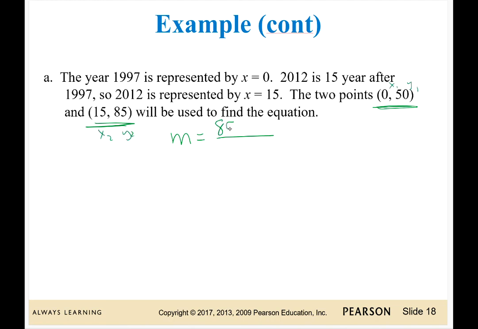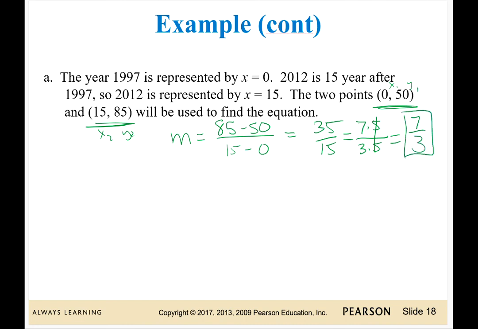So y2 minus y1 over x2 minus x1. So this is when I always have to have a calculator because I always mess up the easy things. 85 minus 50 is 35. 35 over 15 can be simplified. That's 7 times 5, and this is 3 times 5. So the 5s will divide out, and I'm left with 7/3.